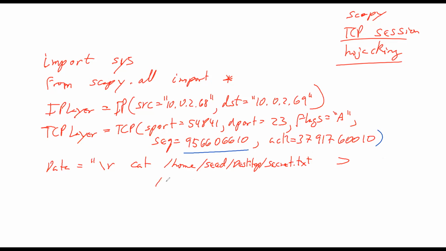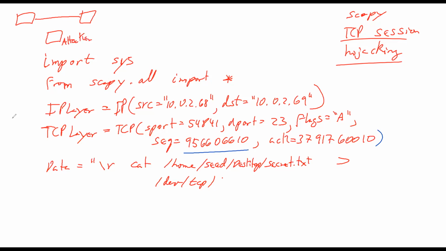And then send the data to the dev TCP. And then it's going to be the IP address, in this case, of attacker. So let's just do it like this. As you know, this is attacker.